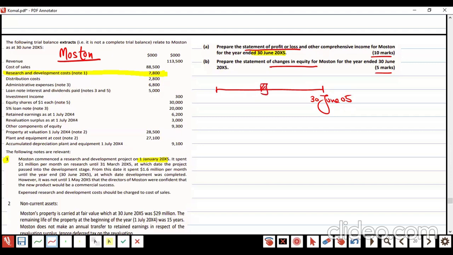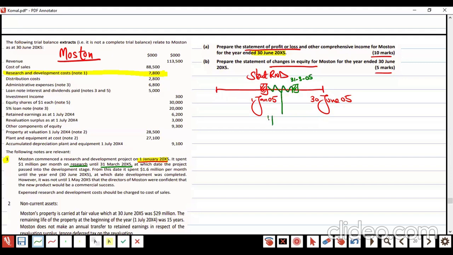They started this R&D on 1st of Jan 2005, right or wrong? They are spending 1 million per month on research till this date, that is till 31st of March 2005.